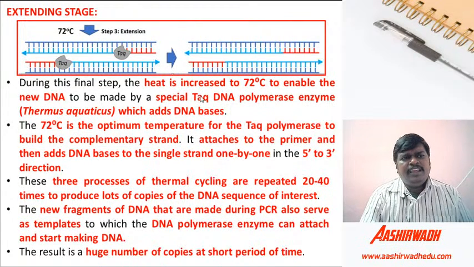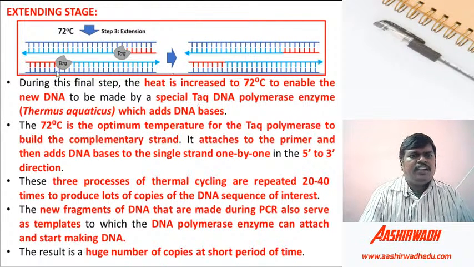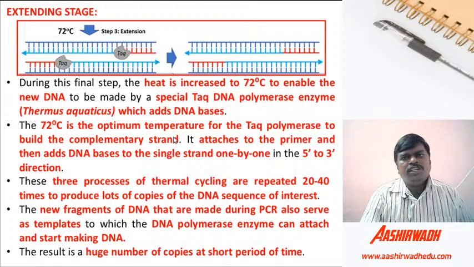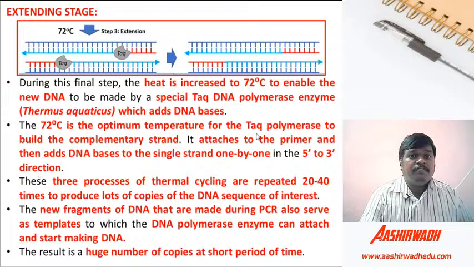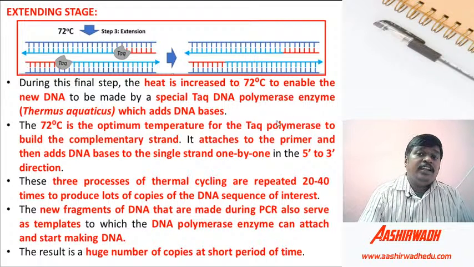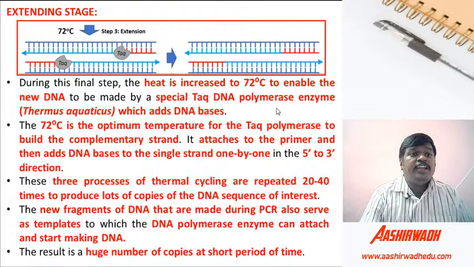When the temperature is increased, what will happen? The Taq polymerase enzyme, that is the enzyme that is extracted from Thermus aquaticus, a particular bacterium which lives in extreme temperatures. From that bacterium, they extract the DNA polymerase enzyme. That's why it's called Taq polymerase.